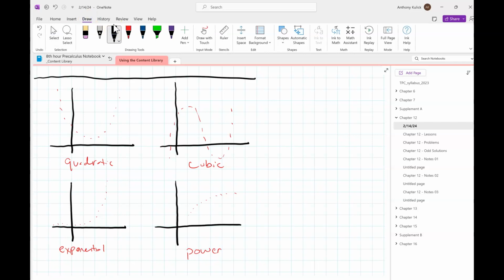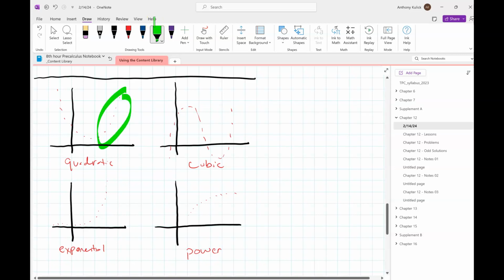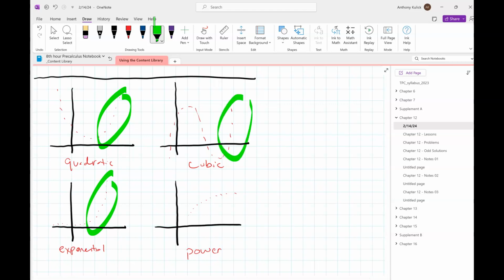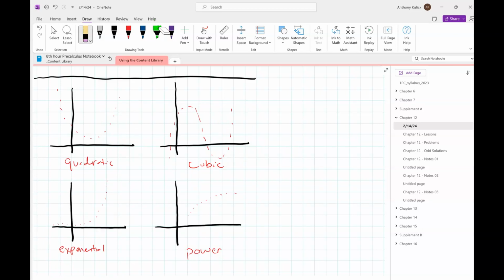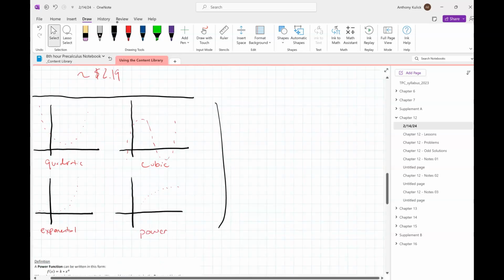I could look at the picture and tell what's going on, but what if I have just this much of it? Don't all of those kind of look the same if that's all I got? Is there a better way to tell the difference between these? Which one is the best fit? Yes, we can do that.